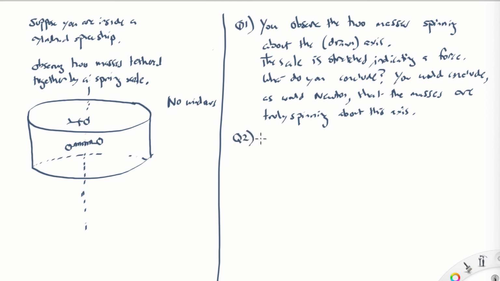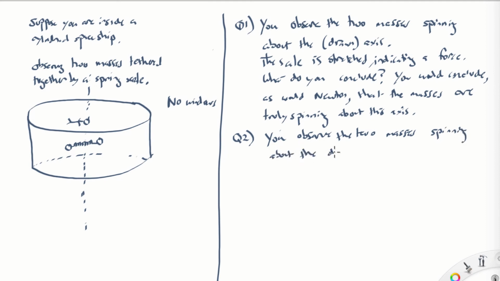But let me ask you another hypothetical question. What if you now looked down at those two masses and you saw them once again spinning about this axis? So again, you observe the two masses spinning about the drawn axis.